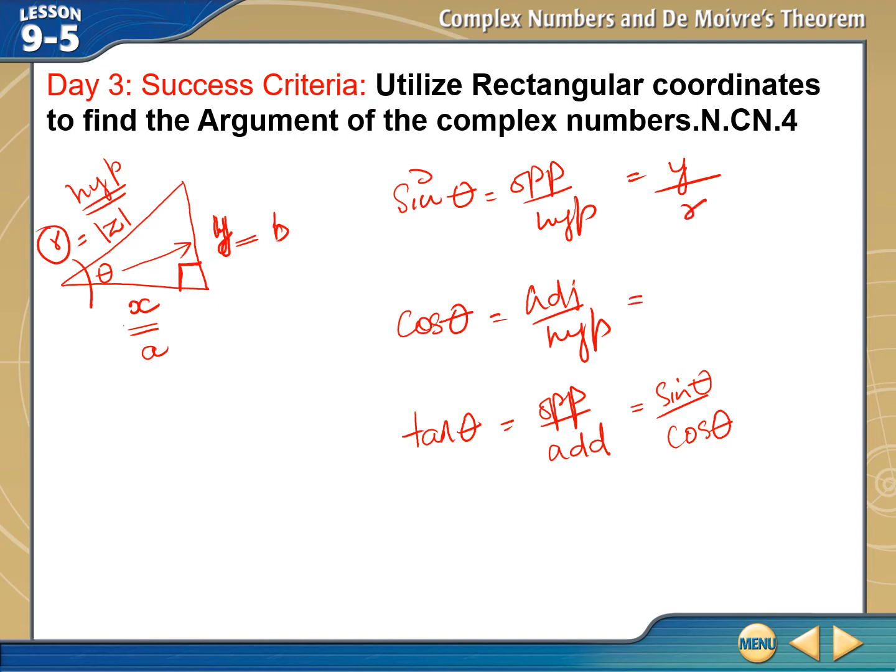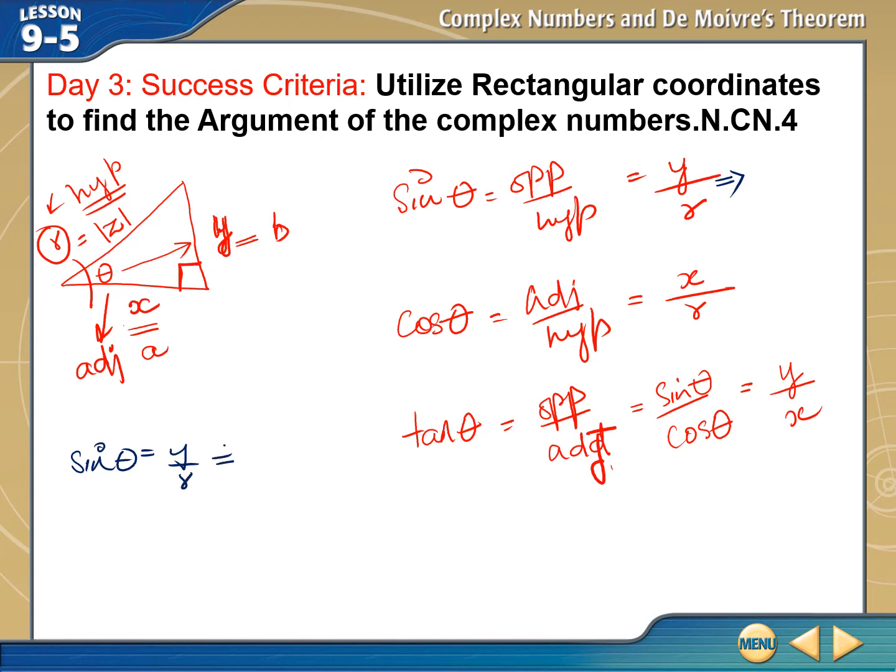Now cos theta is adjacent over hypotenuse. This leg is the adjacent leg, which equals x, and the hypotenuse, as we said, is represented by r. The tangent theta can be sine theta over cosine theta, or opposite over adjacent, and we know that opposite is y and adjacent is x. Now from the formula sine theta equals y over r, can I find the value of y?